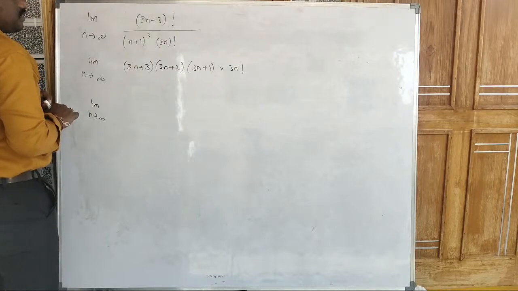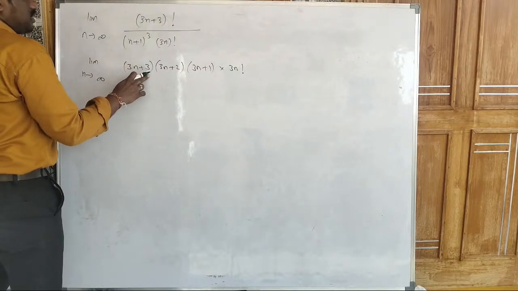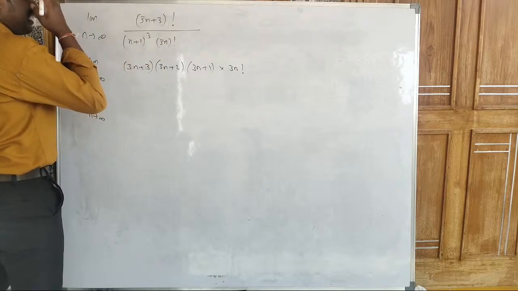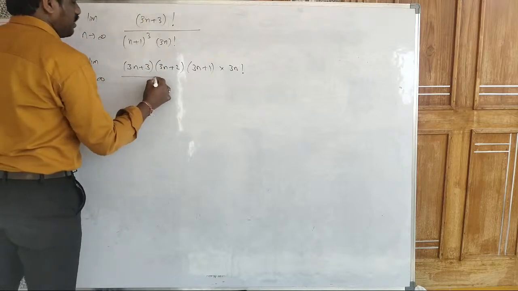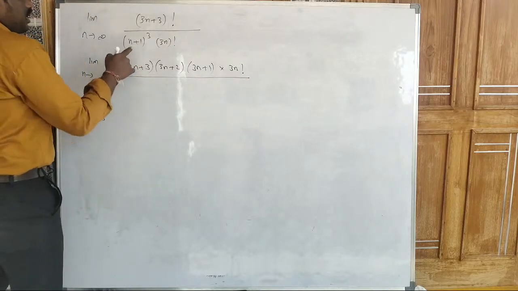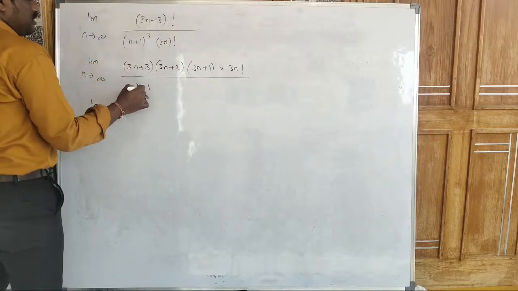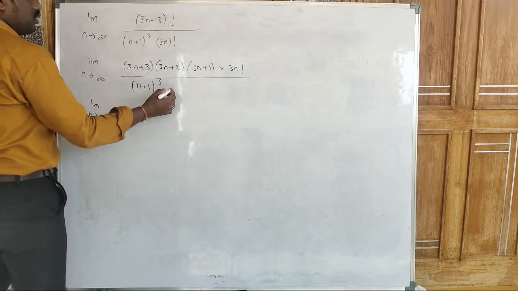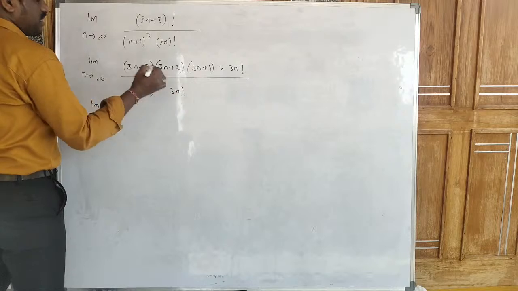But something is missing here. 3n plus 3 into 3n plus 2 into 3n plus 1, next 3n factorial divided by n plus 1 whole cube into 3n factorial.